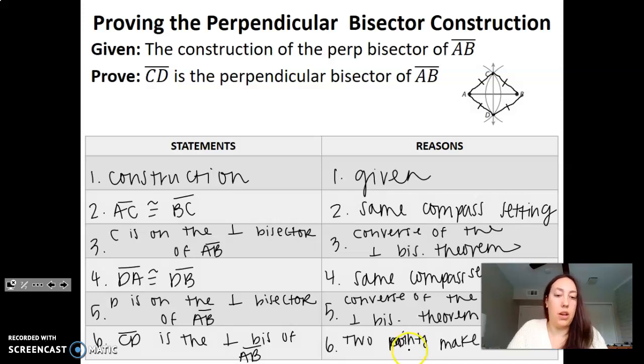This was a postulate that we got way back in the beginning of the year. I think it was 1.4b. We know 2 points make a line. So if both C and D are on the perpendicular bisector, then CD has to be the perpendicular bisector of AB. Okay, that's the last example.